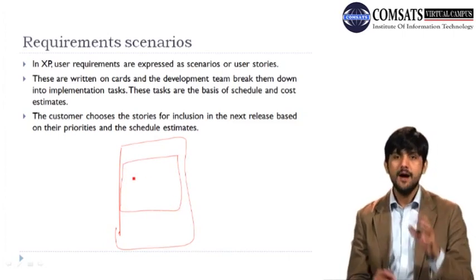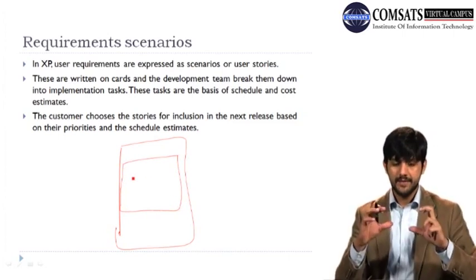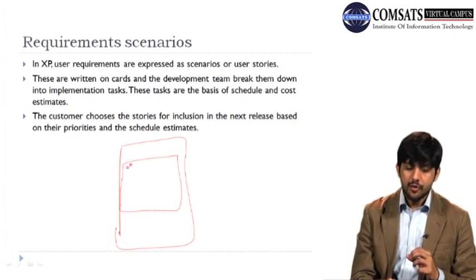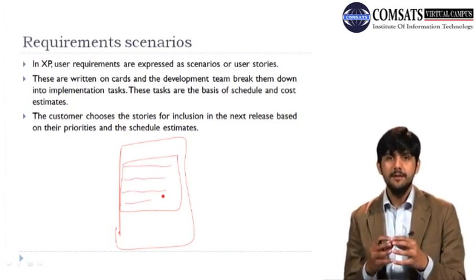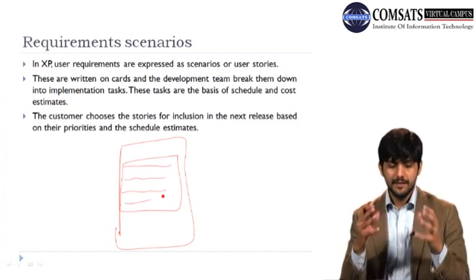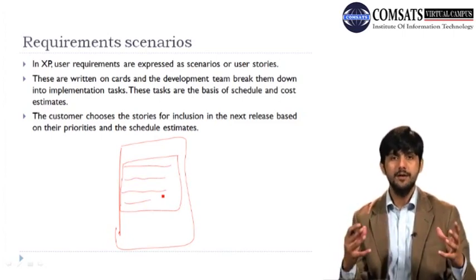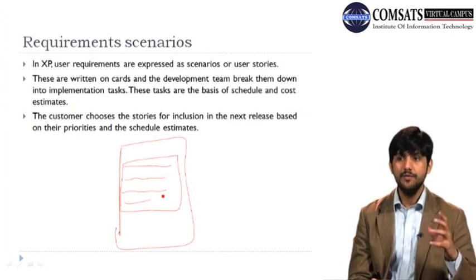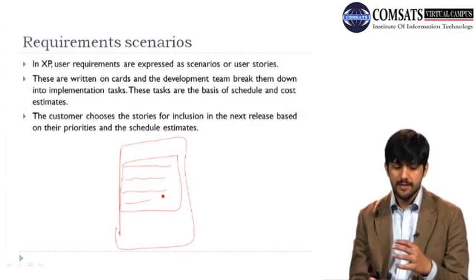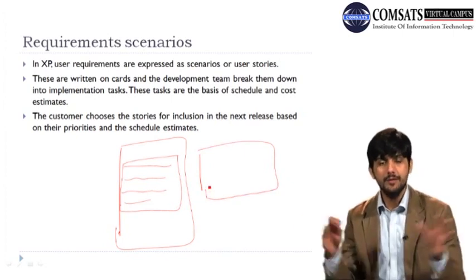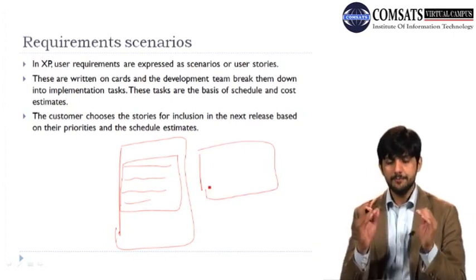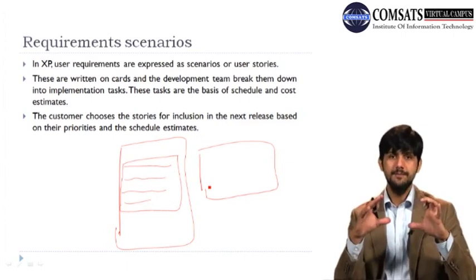The reason why these cards are smaller is that there is only so much that can be written on them, and it automatically restricts the detail that you can put in a user story. If you are trying to define multiple things, then you would need another card for another user story. So there is no limit on the number of cards, but to express one user story, there is one story card.